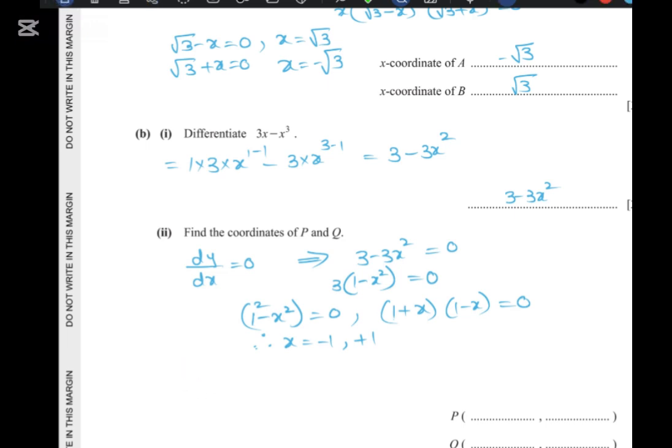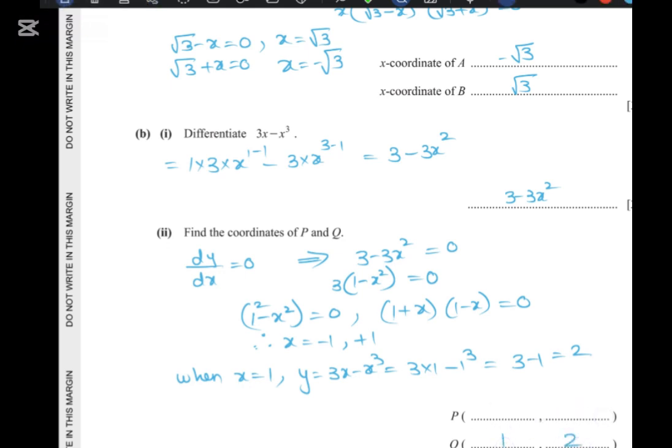When x is equal to 1, y is equal to 3x minus x cube, that is 3 into 1 minus 1 cube, which is 3 minus 1, which is 2. So here 1 and 2 will be the coordinates of Q.